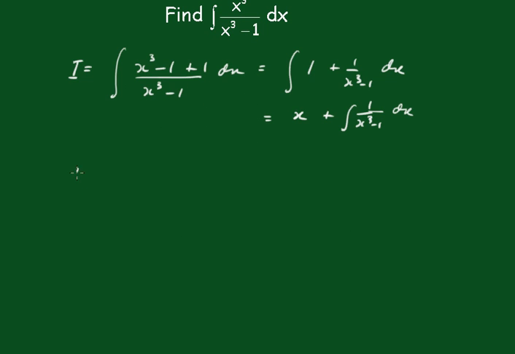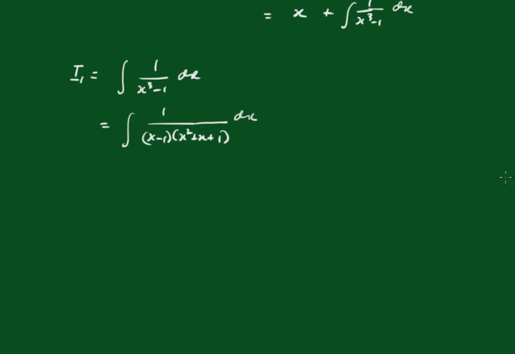So we're going to do another integral. Our I, we'll call it I1, is equal to the integral of 1 over x cubed minus 1 dx. And we can factorize that: 1 over (x minus 1)(x squared plus x plus 1) dx.